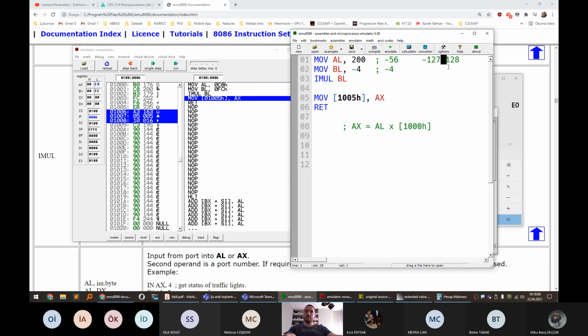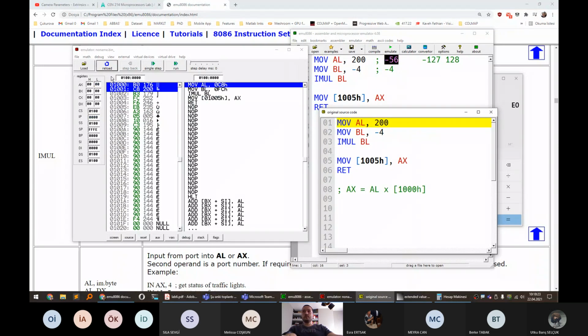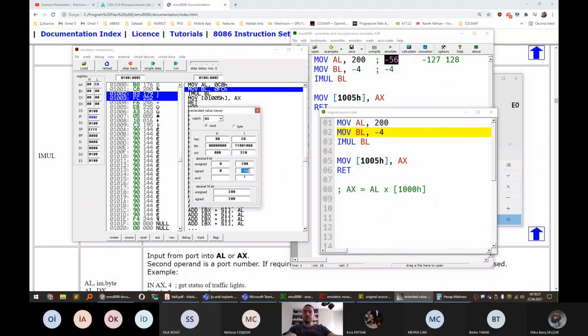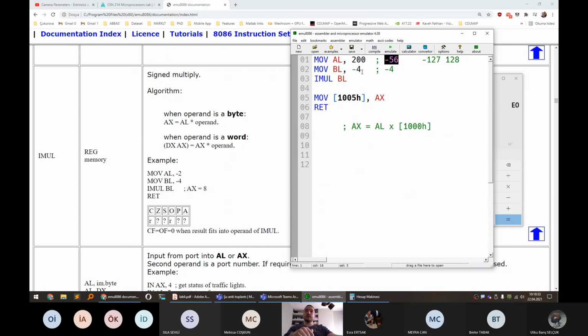If the value is not between this range, for example in this case 200 is above this range, so it becomes negative. When we put 200 in AL, the signed value of 200 is actually -56. So you can't multiply 200 with -4.